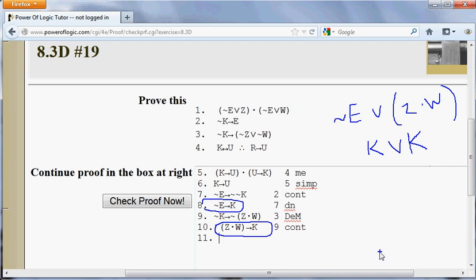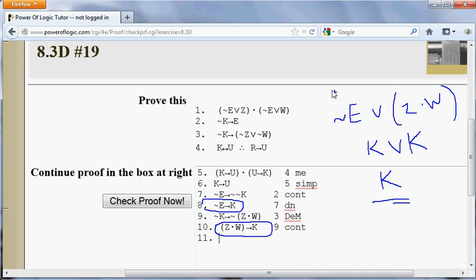That's constructive dilemma. Now K or K is a special disjunction because it's logically equivalent to K. By the redundancy rule, we can move back and forth between them. So this is kind of what I'm going to be wanting to do the next few steps in this proof.